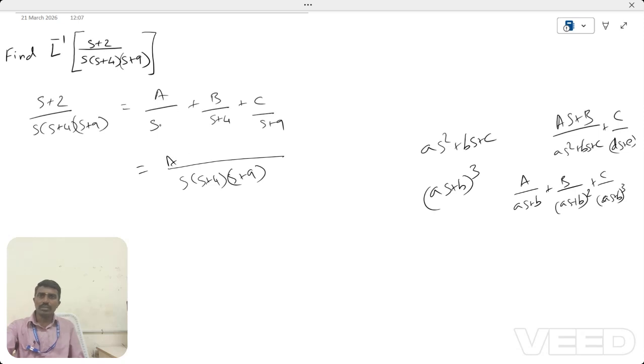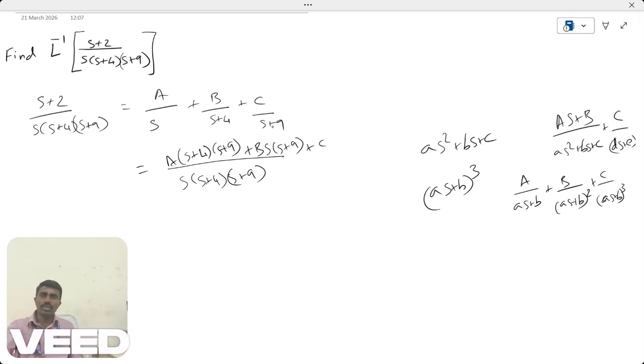A divided by s only is there, but here s into (s plus 4) into (s plus 9), so the remaining two factors are missing: (s plus 4) into (s plus 9). Similarly for the next one, B divided by (s plus 4) alone, so s into (s plus 9), plus C divided by (s plus 9), so s into (s plus 4).